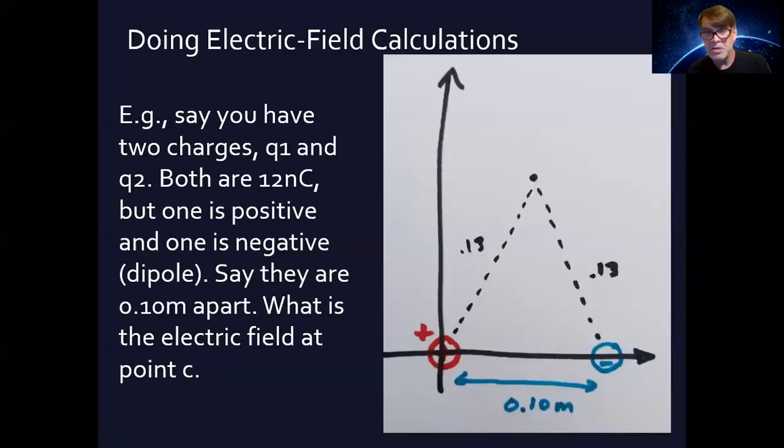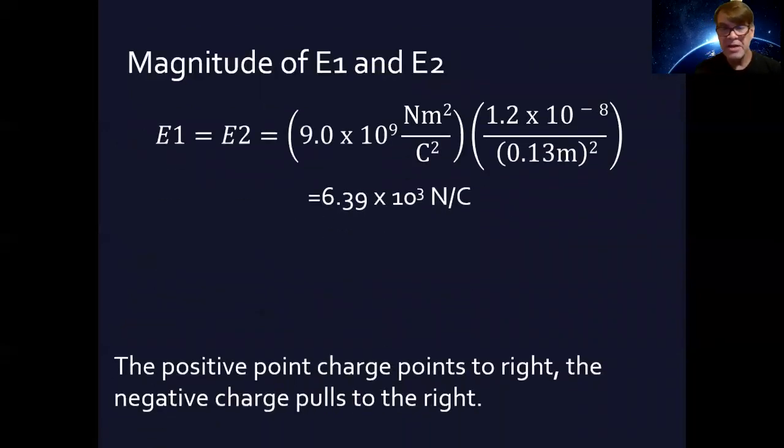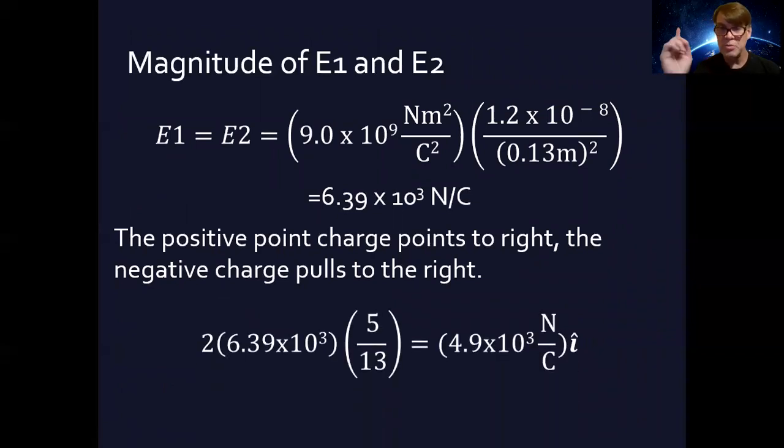Now, what's interesting is the y components are going to cancel out. Why? Because the positive is going up, away from, and the negative is going down because it's pulling toward. And so whatever the y components would have been, we don't have to worry about them. They cancel each other out. So goodbye, y.